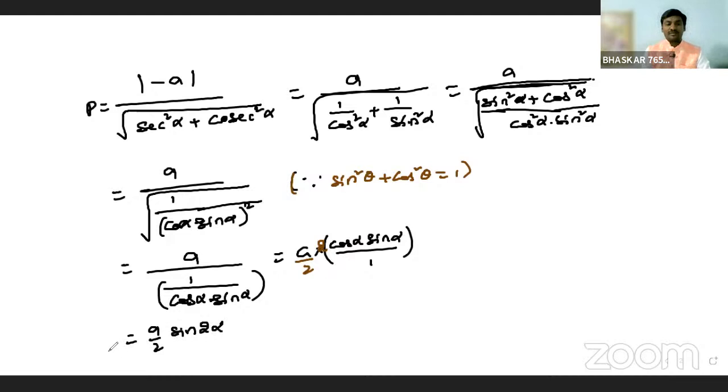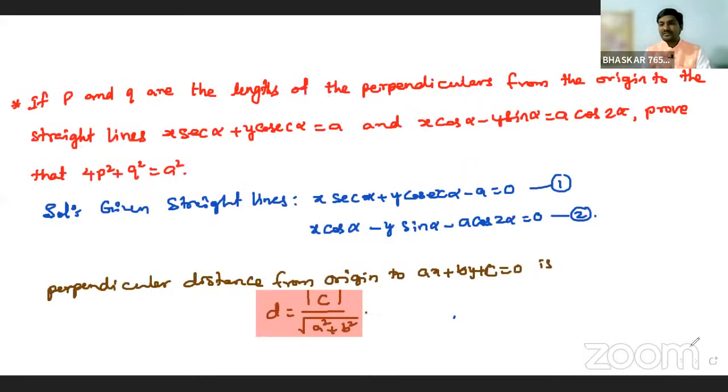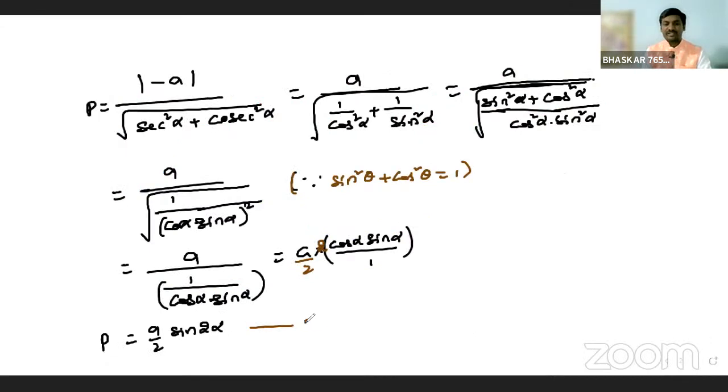This is equation number 3. Here we use the sin 2 theta formula: sin 2 theta is equal to 2 sin theta into cos theta. Now this is the p value.